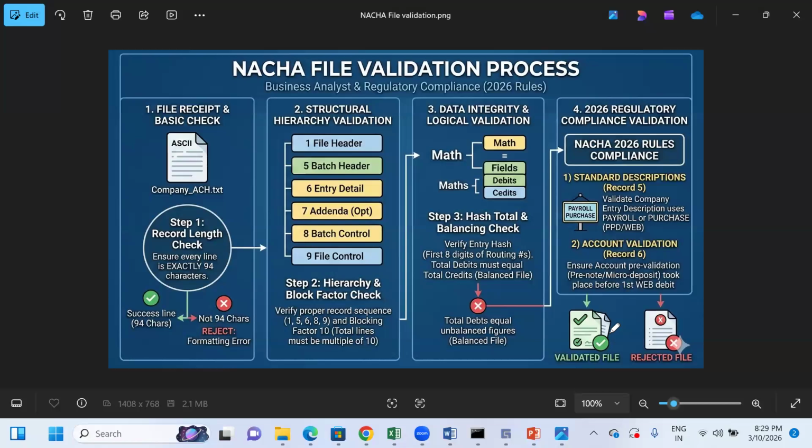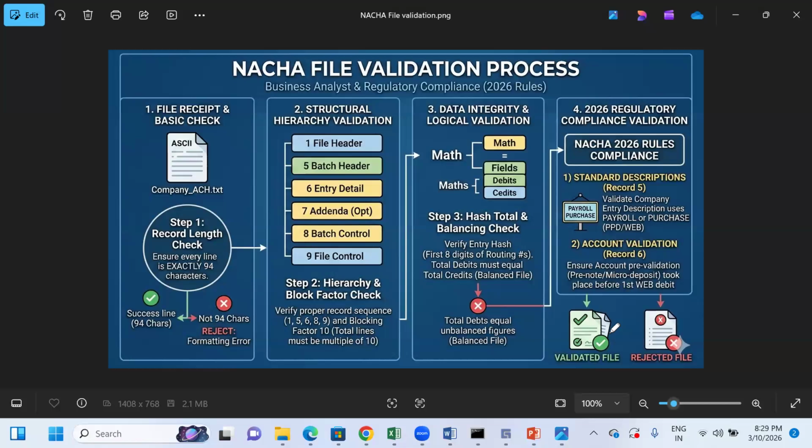Generally, these numbers, 1, 5, 6 and so on, come under the lines, because it is the first character of the line. File headers are 1; these are not changeable, they are standard.